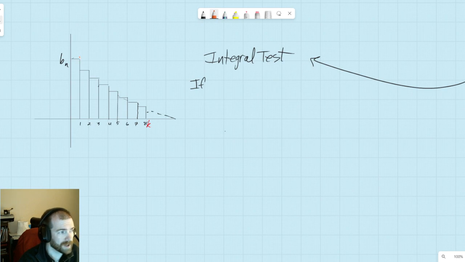Alright, so our integral test is going to take all of these points out here. And this is going to be an awful lot like, again, Riemann stuff.